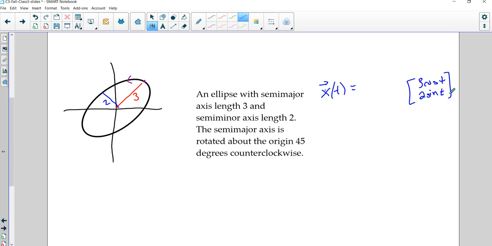All right, and that rotation matrix should be cosine of the angle that we rotate by, pi by 4, and then cosine pi by 4 along the diagonal. And then we have negative sine pi by 4 in the upper right, and positive sine pi by 4 in the lower left. And that is our parameterization, along with the condition that t must be in 0 to 2 pi.